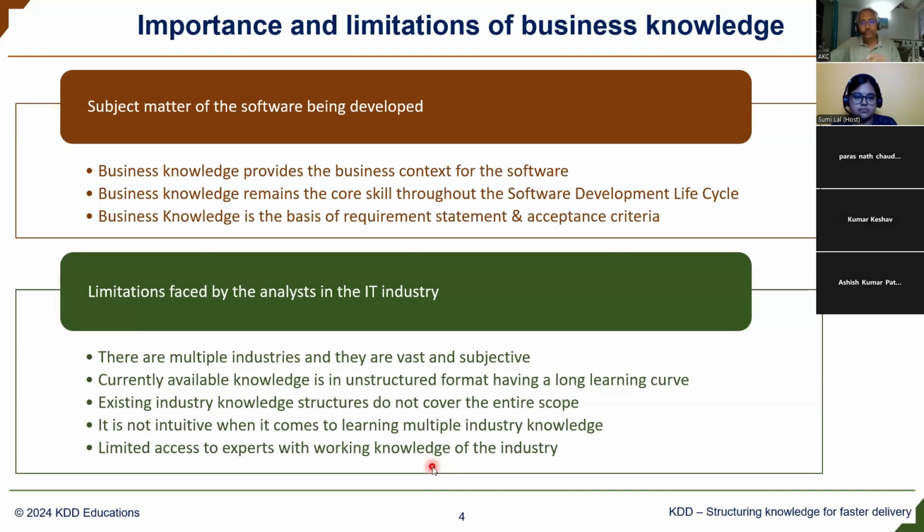But if you look at limitations today, and I'm talking more from an IT industry perspective, because the IT industry caters to multiple industries. Today you may be working for a retail client. Tomorrow you may be working for a manufacturing client. The third day, you could be part of healthcare, life science, right? So if you are in the IT industry, you have to cater to multiple different industries.